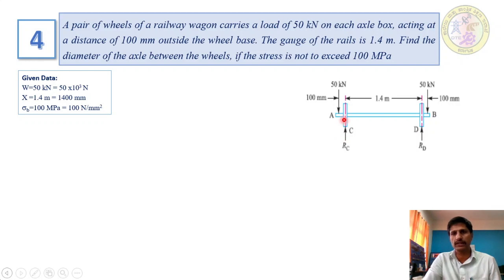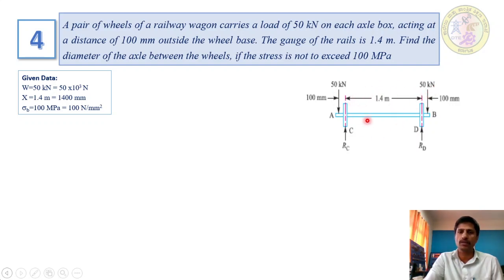Here you can easily notice the railway wagon wheels, and this is the extended part, 100 millimeter from the wheelbase. C and D are the wheelbases. A and B are the loading points, and on each side it is 50 kilonewton.